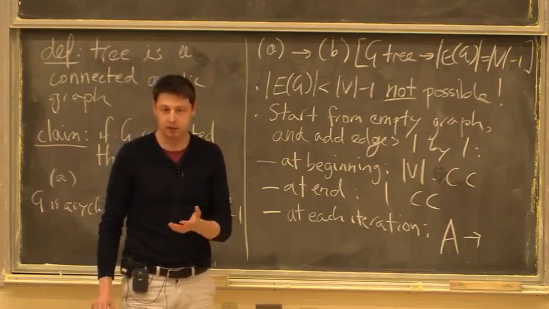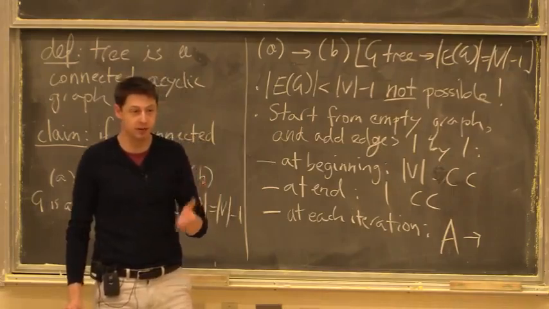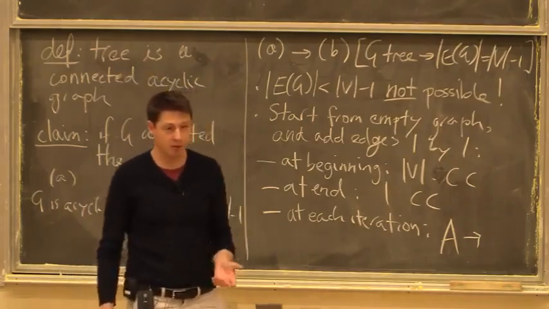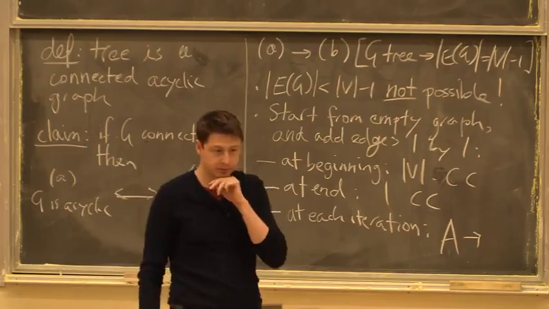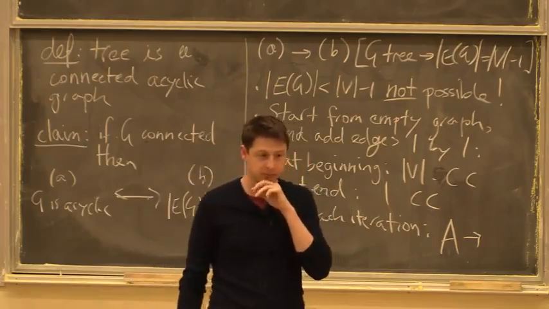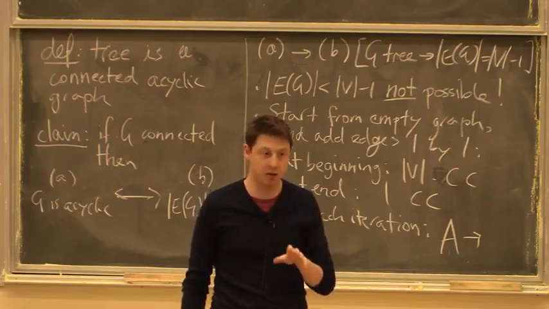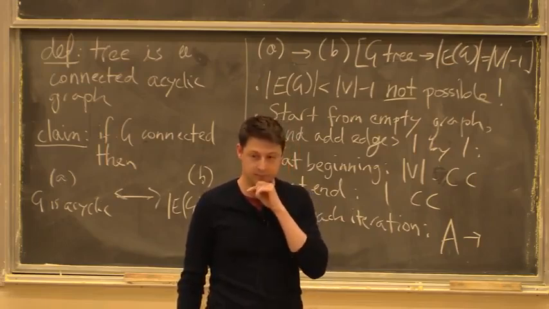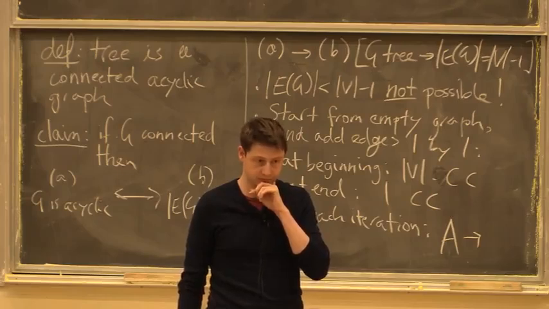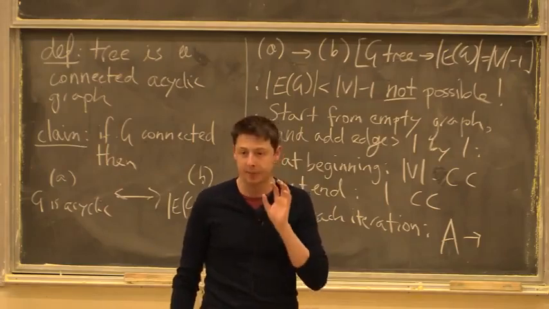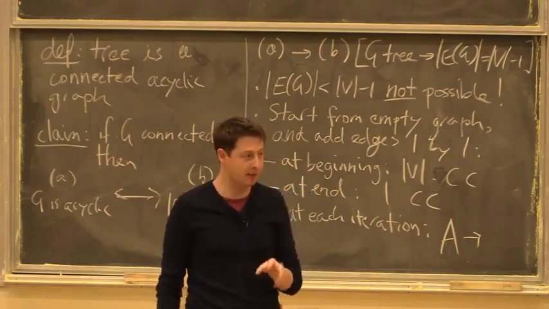It either stays the same or it goes down. Why should it go down by 1? First of all, it must go down. And secondly, it must go down by 1 because you only add one edge. You cannot go down by more than 1. I agree they cannot go down by more than 1, but why does it go down by at least 1? Because, say, if you add another edge to an already connected component, you will create a cycle. Great, so it must go down by exactly 1.